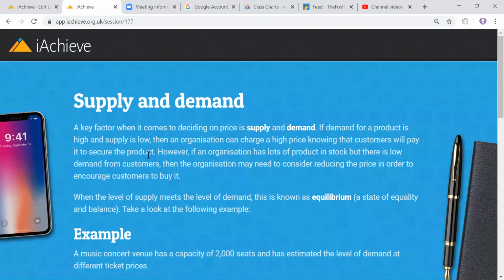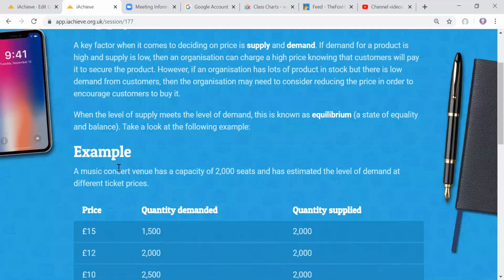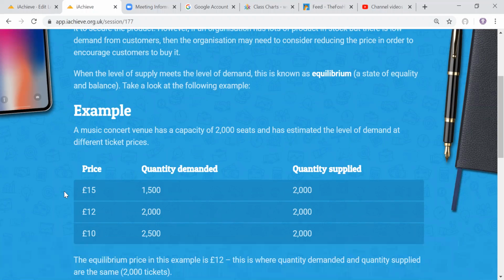So let's take a look at the effect of supply and demand on pricing. Let's say, for example, a music concert venue has a capacity of 2,000 seats and has estimated the level of demand at different ticket prices.